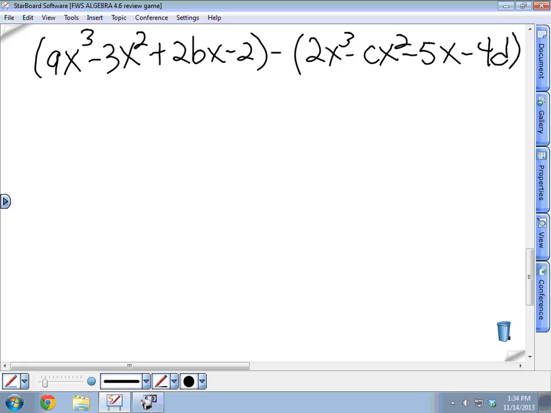And then all of that, it said, was equal to x squared plus x minus 6. And then what it does is it says, find the values of a, b, and c that make the equation true. Okay.